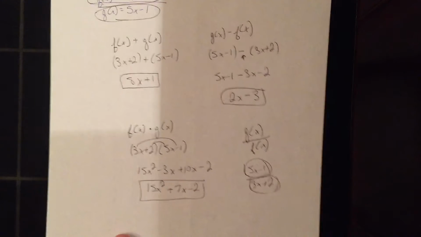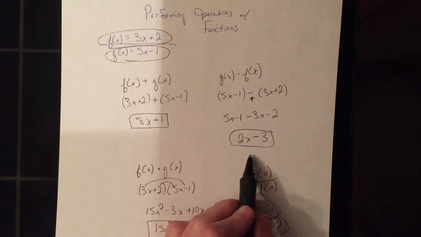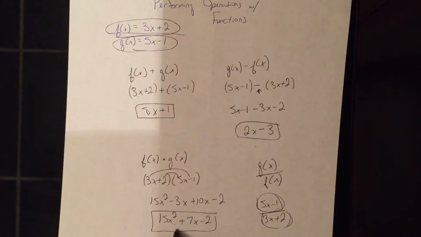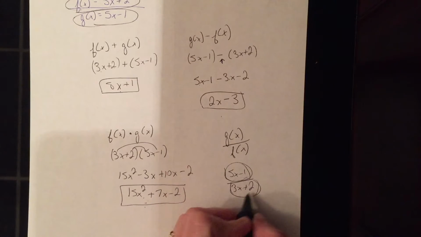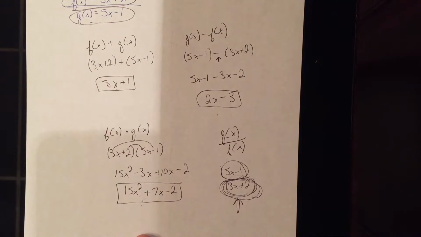The thing you have to remember is, is there anything that I can put in for x that's going to mess any of these up? And we don't really talk about this too much because there's really nothing that we can put in for x that is going to make it undefined, except right here. And that's going to be an issue.